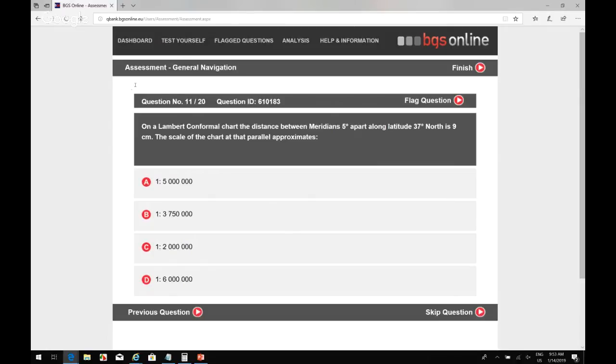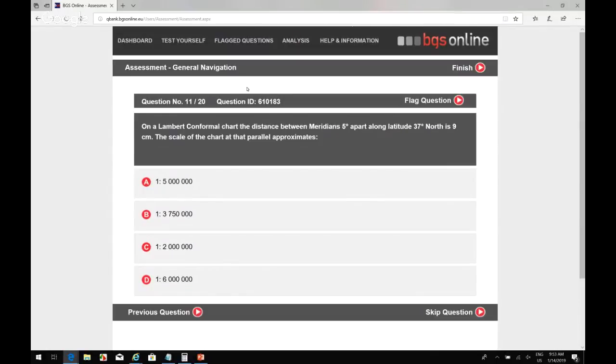Lambert is the one at a sort of angle, not from the top, in between. On a Lambert conformal chart, isn't it a conical chart? The distance between meridians 5 degrees apart along latitude 37 degrees north is 9 centimeters. Scale of the chart at that parallel approximates 2.